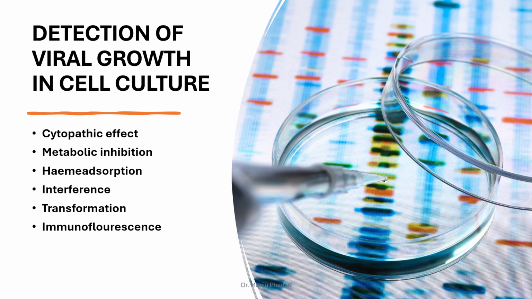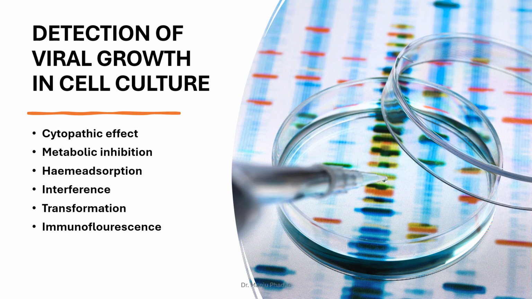The presence of viruses using heme adsorption can be indicated by adding 4% RBC suspension to the culture. If the viruses are multiplying in the culture, these RBCs will get adsorbed onto the surface of cells, and this is known as heme adsorption. Interference is another method of detection of viral growth.